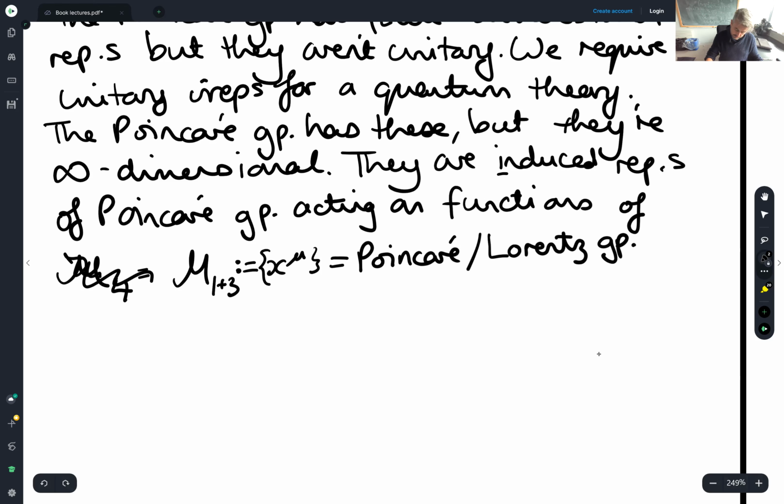So induced representation is a new term, and we need to give you first the general idea of induced representations, and then I'll apply it to the representations of the Poincare group. So let's do induced reps first.